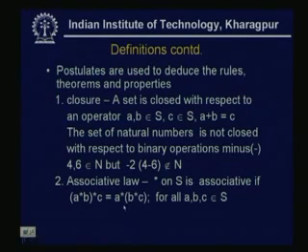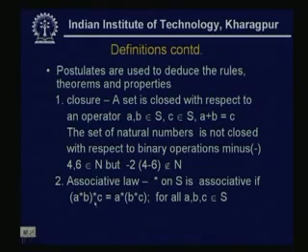associative if it is equal to A star B star C. Means, see the left hand side, the operator is first operated on A and B, then the result we get will be treated as one operand, and C, the other element of S, is the other operand, and then the operator is again applied on this.